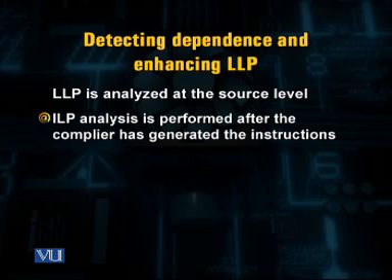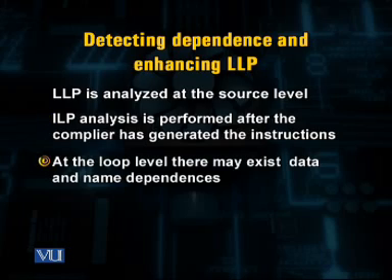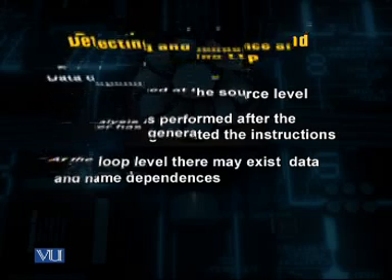Whereas the instruction level parallelism is analyzed after the compilation, that is when the compiled code of the instructions has been generated. So at the loop level, there may exist data and name dependencies.